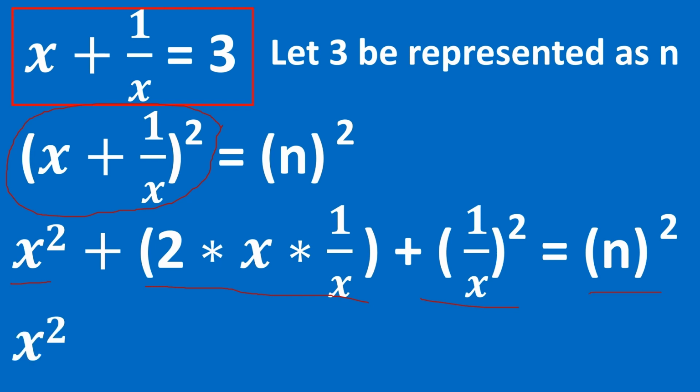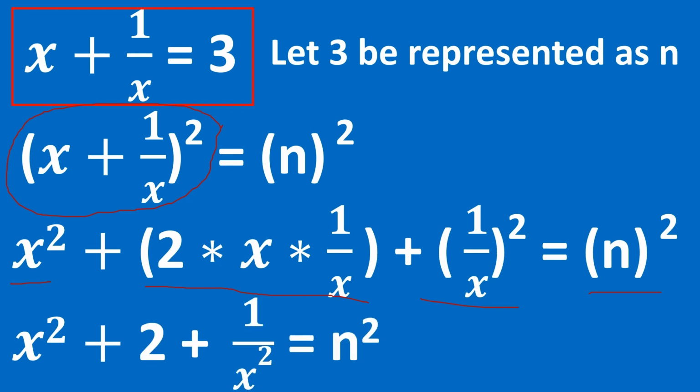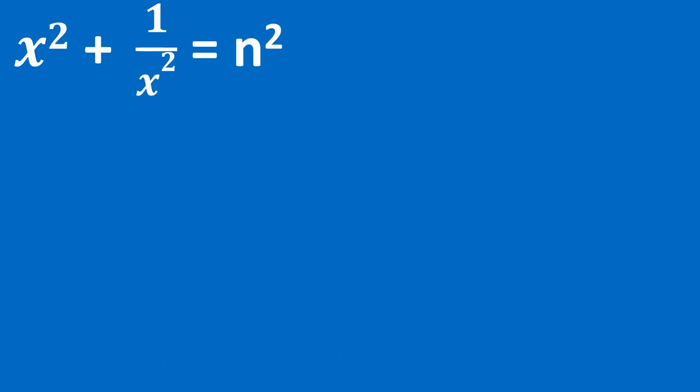Now, if we simplify this further, we have x squared plus 2 plus 1 over x squared, and that is equal to n squared. Notice that the x here cancels the x here, and we're left with 2, and that's where we have this 2 here. Now, simplifying further, we have x squared plus 1 over x squared is equal to n squared minus 2.